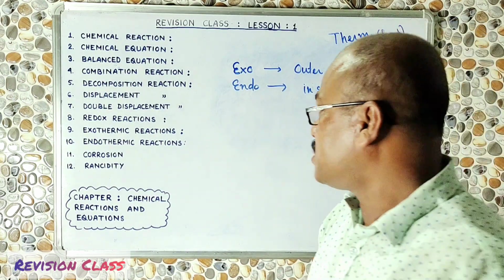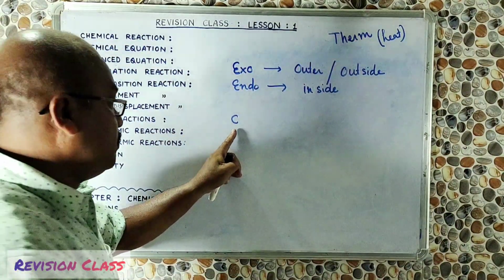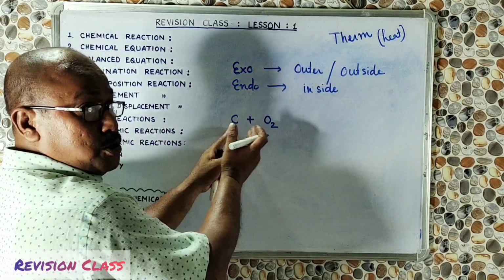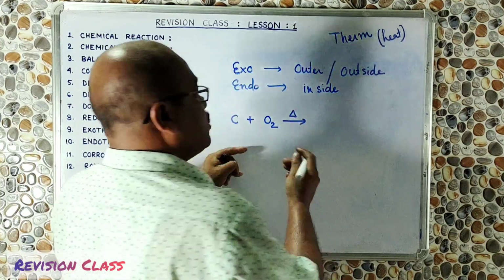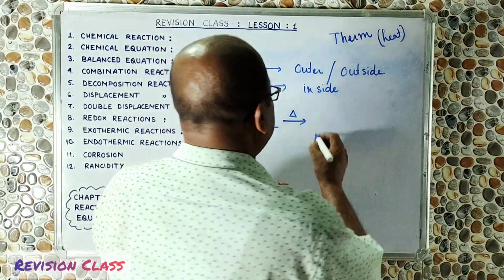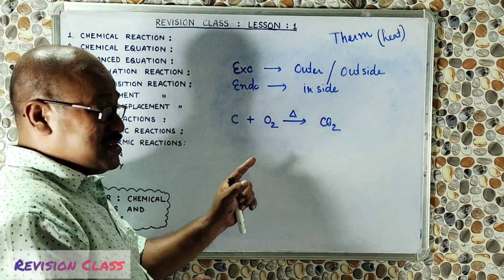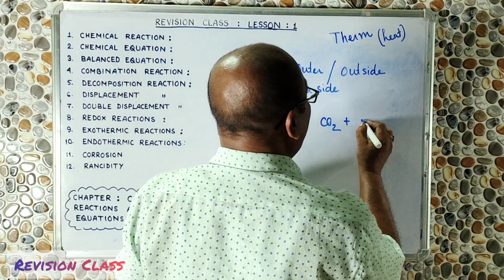You can take examples. If you take carbon, an atom, and use oxygen, initially to start the chemical reaction you will have to apply some heat, and once you apply heat, it will produce carbon dioxide. But at the end of the chemical reaction, there will be more heat generated.